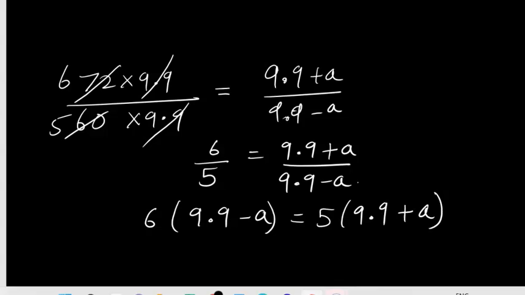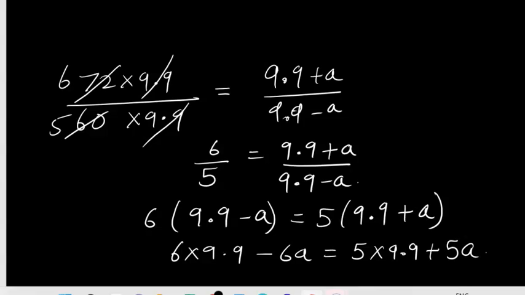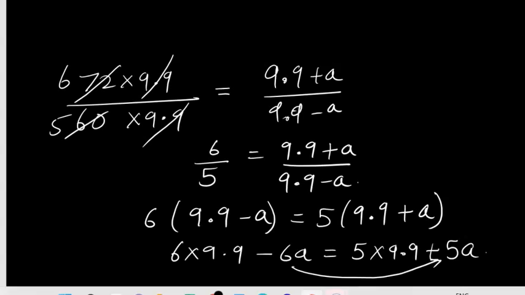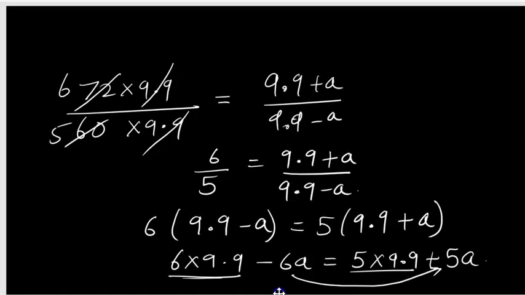So this will be 6 into 9.9 minus 6a is equal to 5 into 9.9 plus 5a. So this 6a will go here, then it will become 11a. 11a is on the right, and on the left it is 6 into 9.9 minus 5 into 9.9.